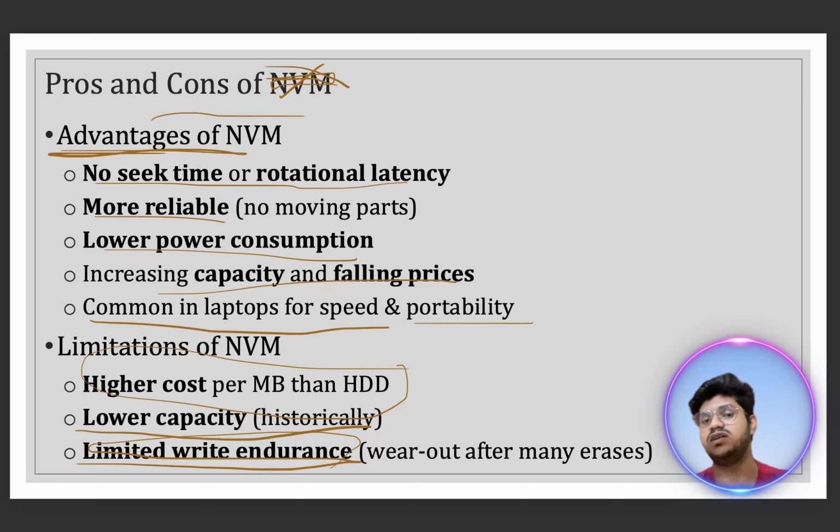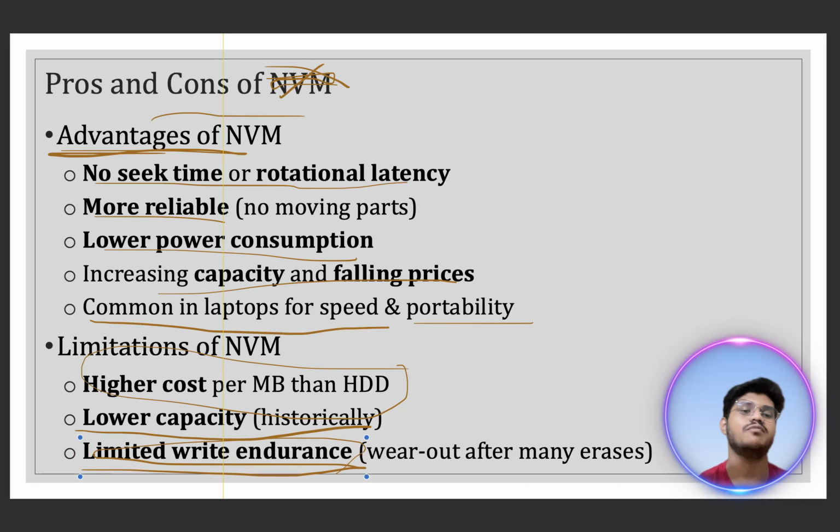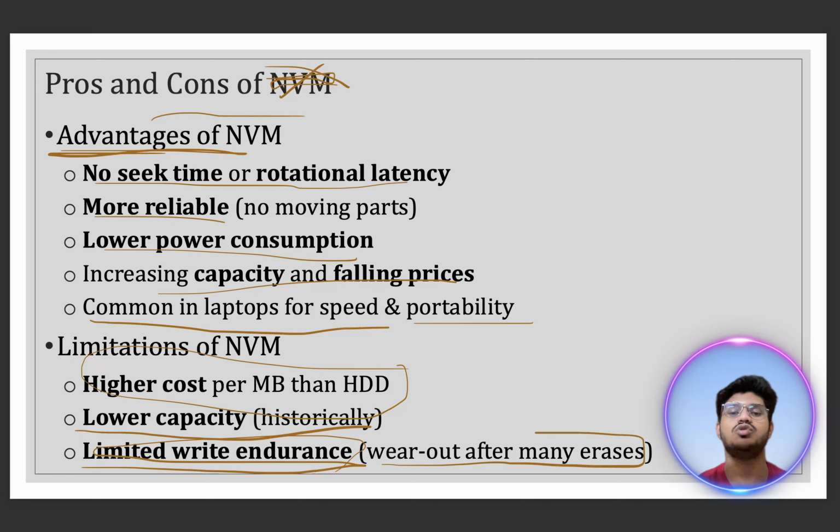In hard disks, unless there is physical damage, that particular sector is not damaged. But SSD comes with endurance, that means a certain lifespan. It wears out after you have erased and written many times, and after a certain period of time it becomes unusable.